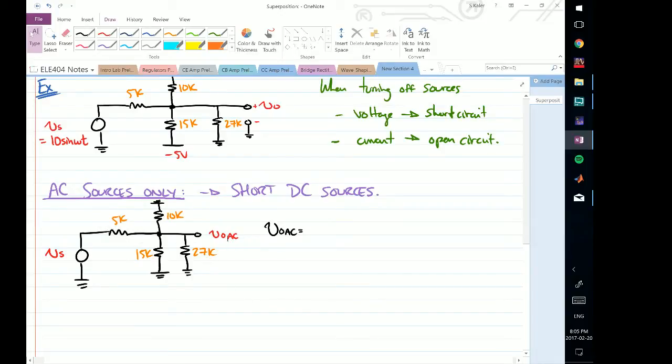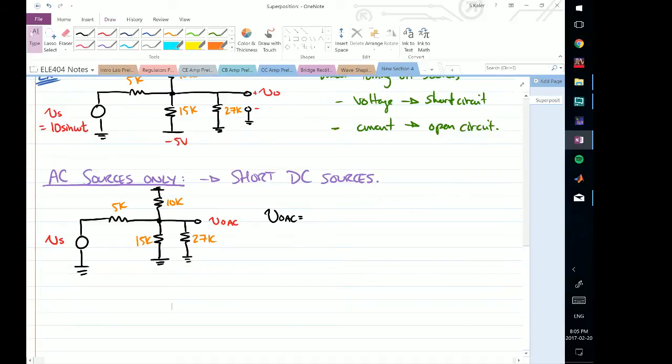The voltage VOAC is going to be the voltage that's divided across this thing, divided by the sum of this thing plus this thing. So what does that look like as an expression? We said this is Vs. I'm going to leave it as Vs for now, and we'll replace it with 10 sine omega t after, just to keep the expression neat as we deal with these parallel combinations.